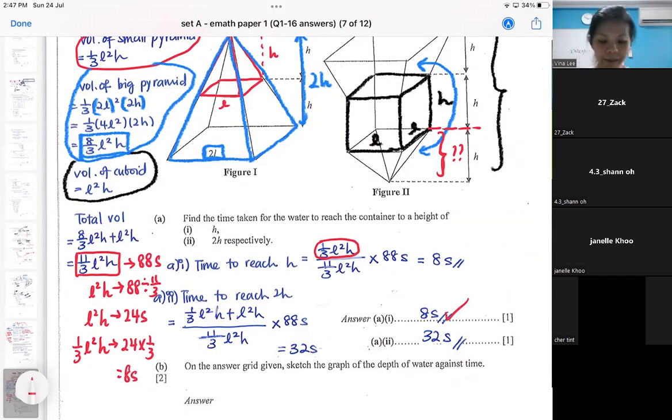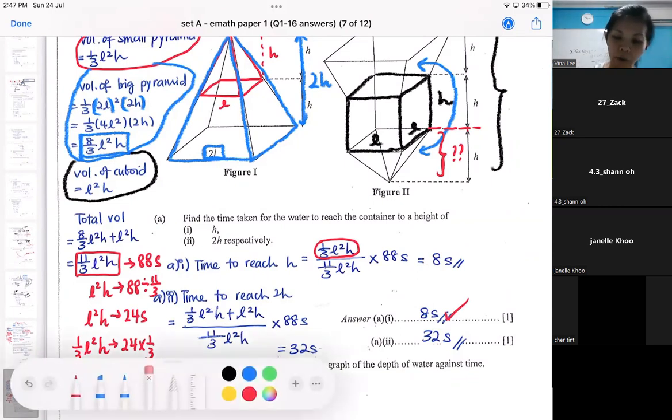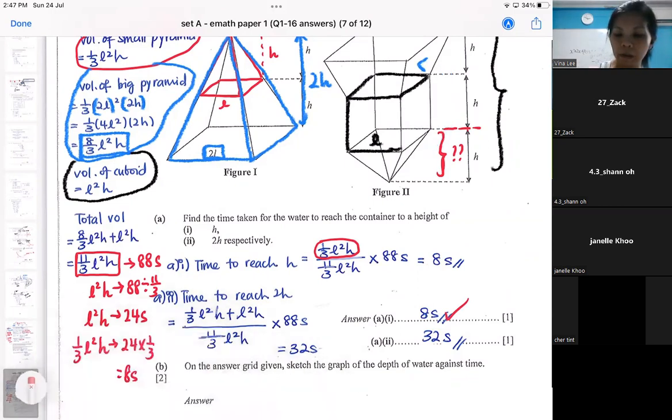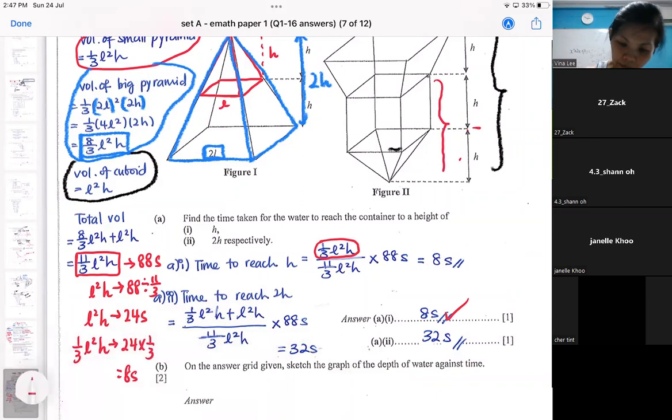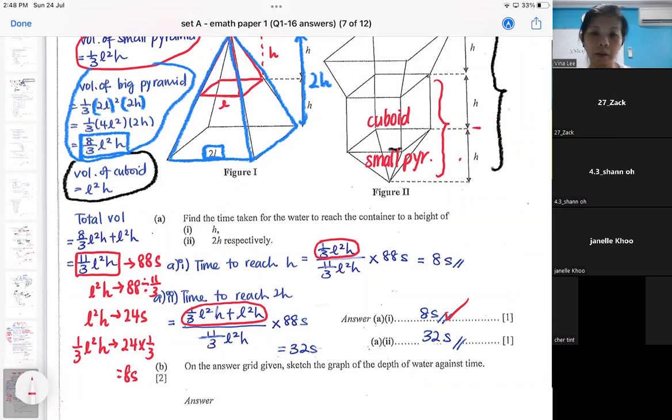Then how much time does it take to reach 2H? Then you got to calculate the volume here. So I got to calculate the volume of the cuboid and the small pyramid. So if by the time you hit 2H, how much time will you need?